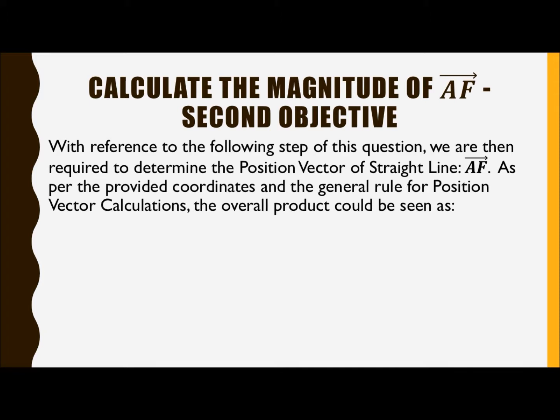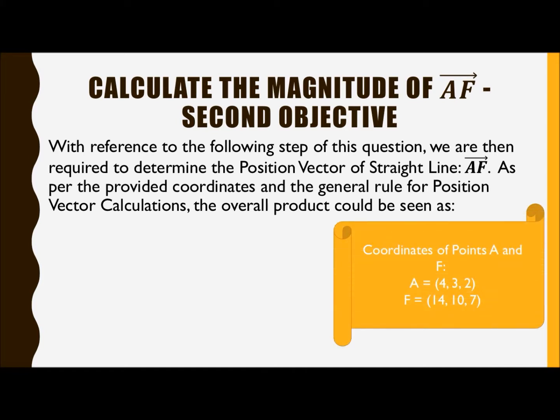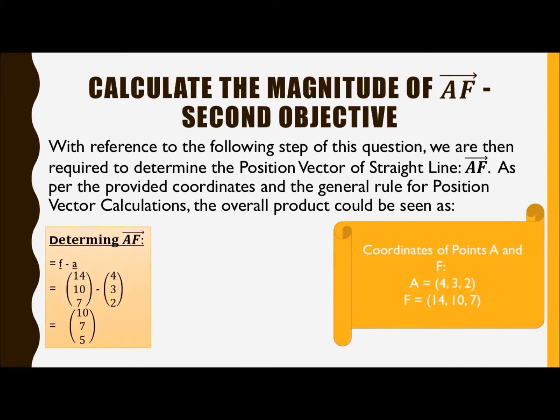As the second step for this expression, we apply the general rule AB is equal to B minus A to calculate the position vector of points A and F, resulting in the position vector 10, 7, and 5.